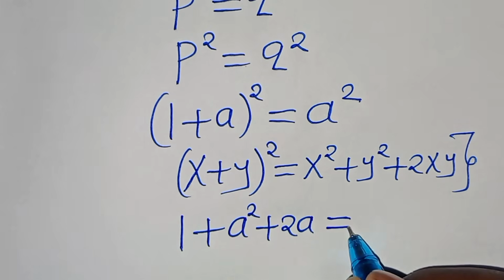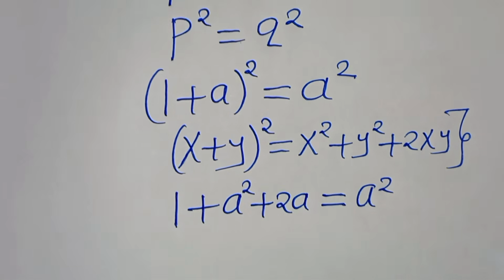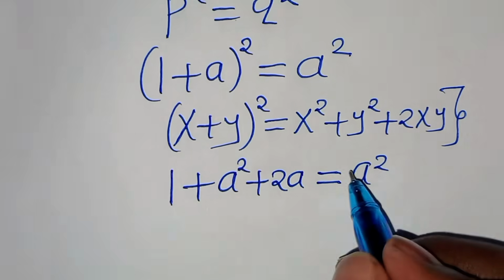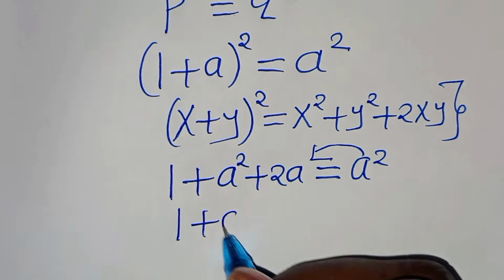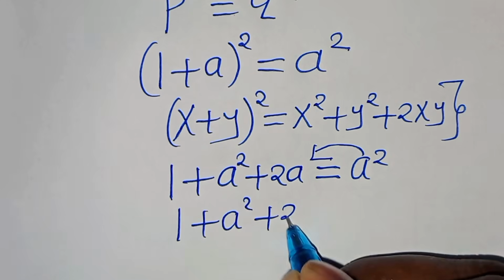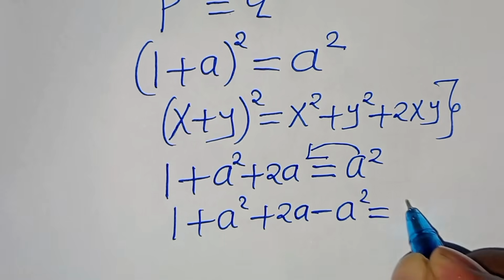This is equal to a to the power of 2. Now, let's take a to the power of 2 to the left hand side, so that we have 1 plus a squared plus 2a minus a squared, equal to 0.